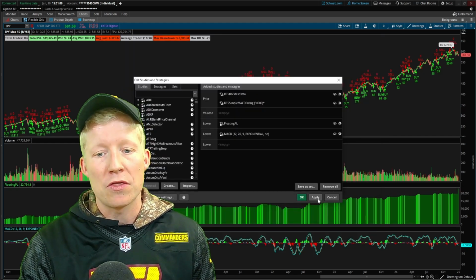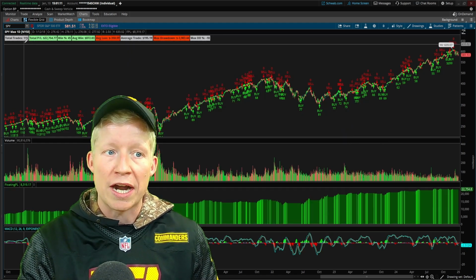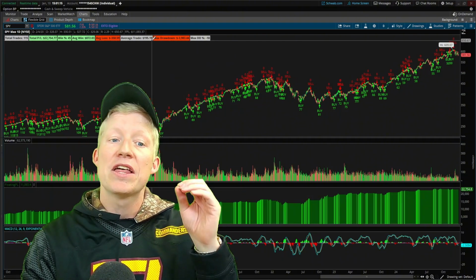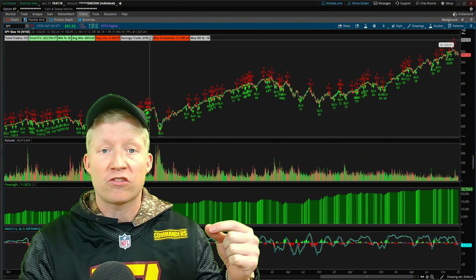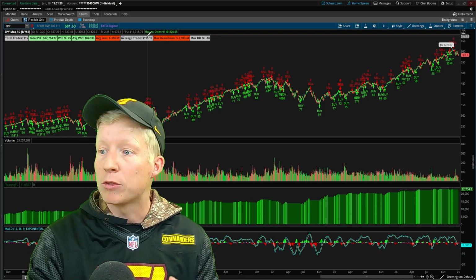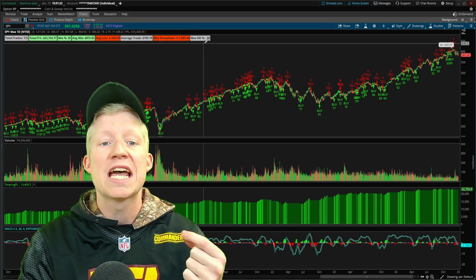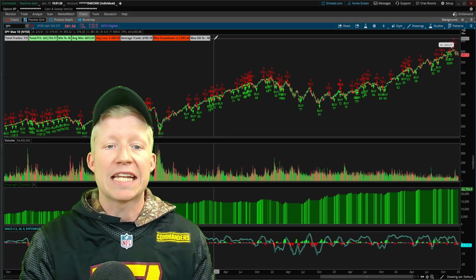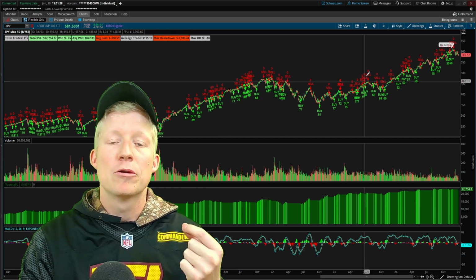Now, if I hit apply on this, you'll notice the total trades drops all the way to 115, cutting like in half. The average trade jumps from like $90 all the way up to $195, and the max drawdown percentage goes from 31% down to just 18%.